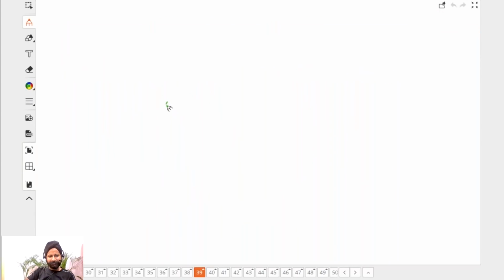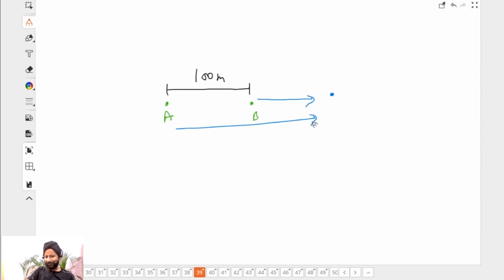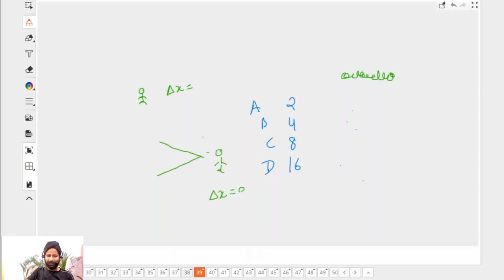Suppose this is point A and this is point B. These are two light sources. Okay? The distance between them is, let's say, 100 meters. And then you're talking here. How much is the difference in length of this and length of this? It's 100 meters, right? So how much is the path difference here, please?